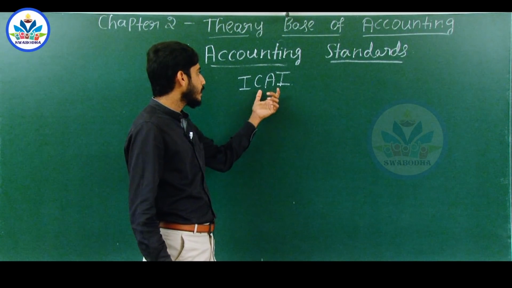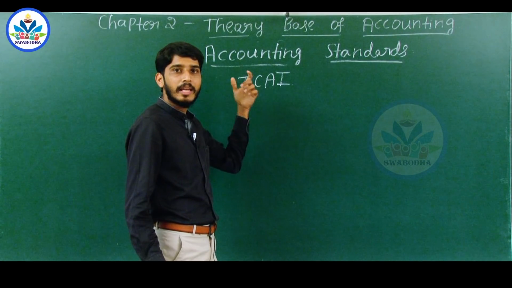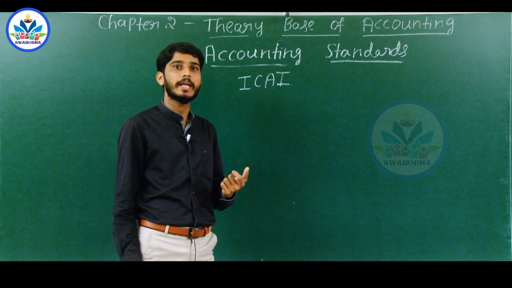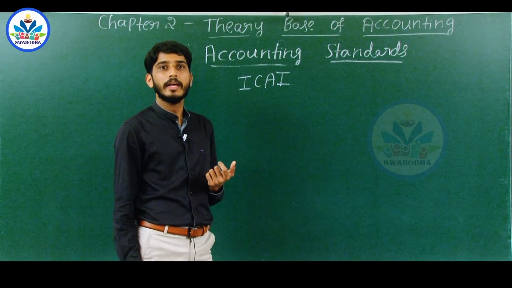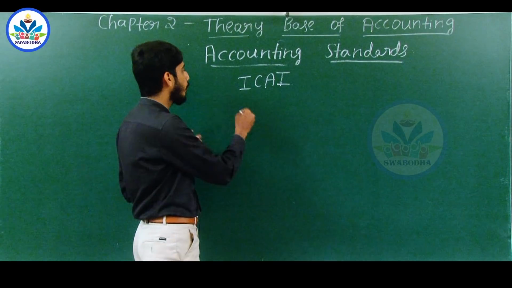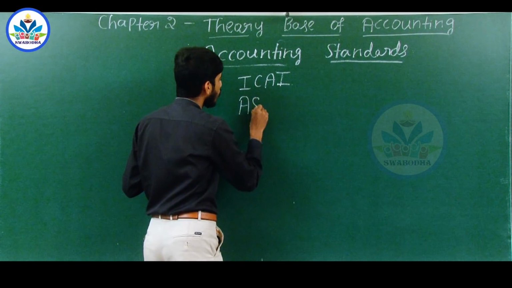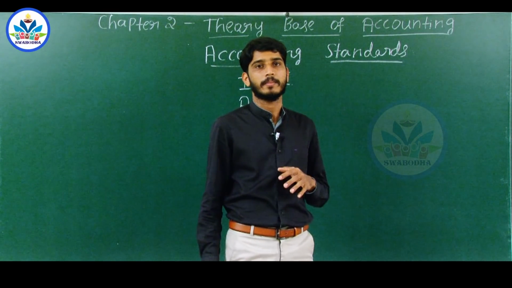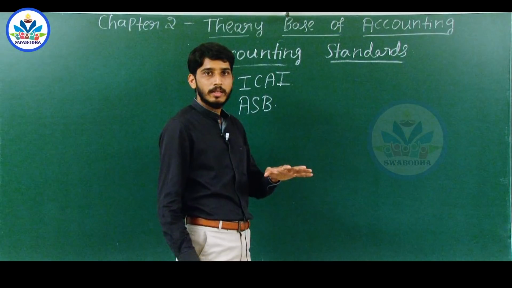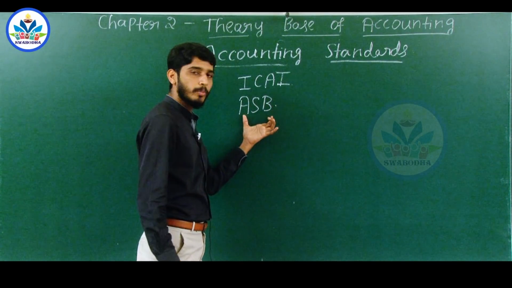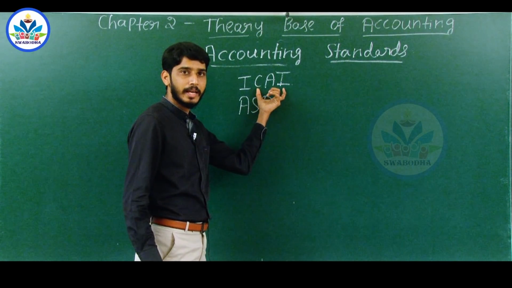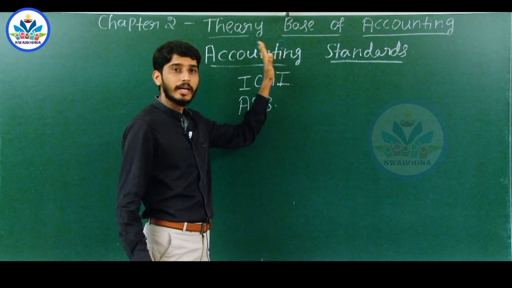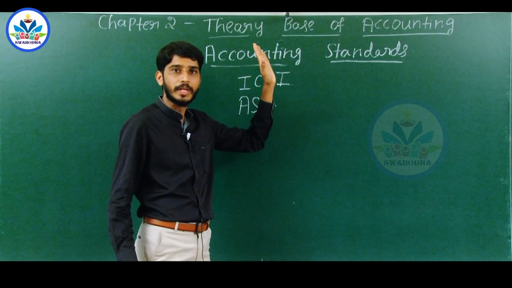The Institute of Chartered Accountants of India, by realizing the need of such consistency and uniformity in the process of preparing the statements, they established a board which is called as Accounting Standard Board in the year 1967. So, in India currently Accounting Standard Board which is governed by ICAI has the authority or power to issue any accounting standards related to the accounting profession.